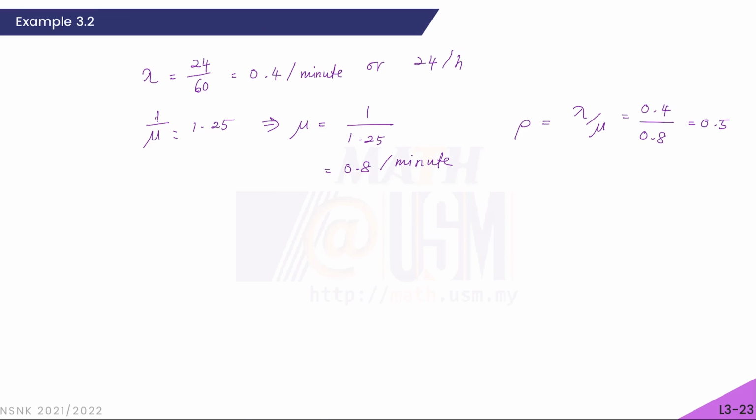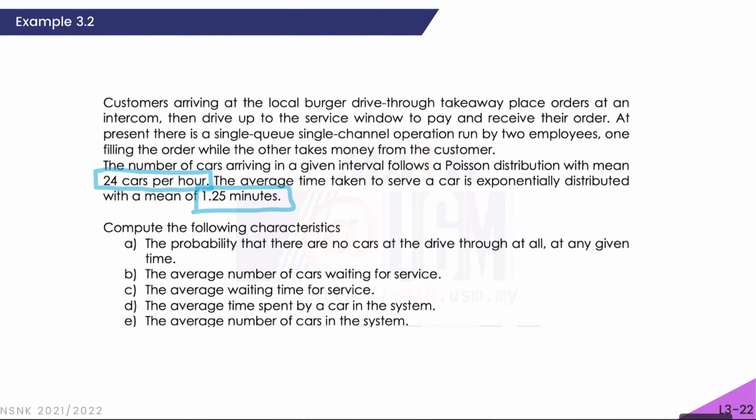So let us look at question A. What does it want? The probability that there are no cars at the drive-through at any given time. So what do we have to solve for question A? The probability that there are no cars means your system is in state 0.